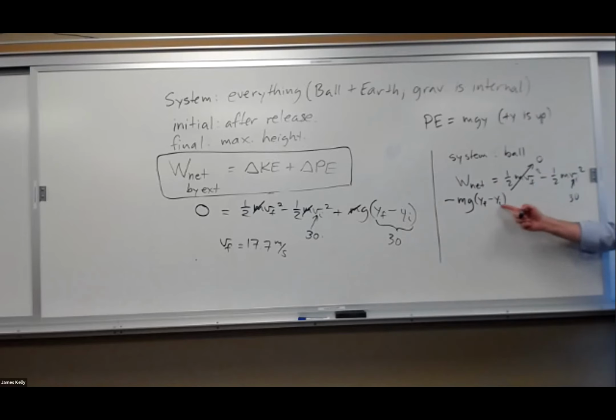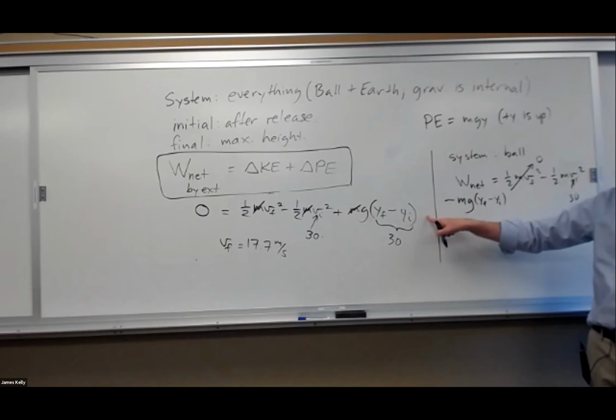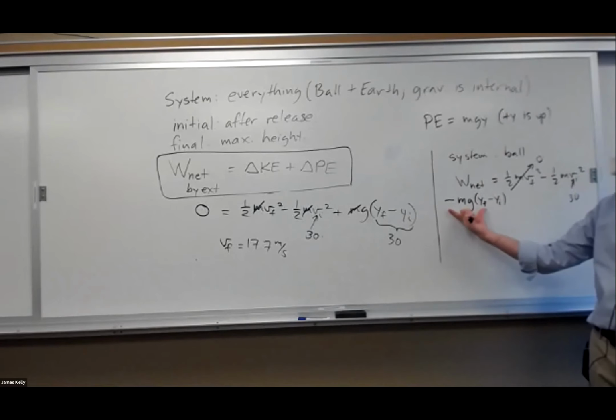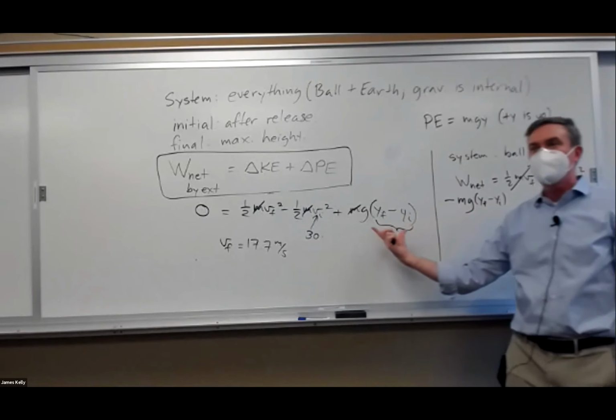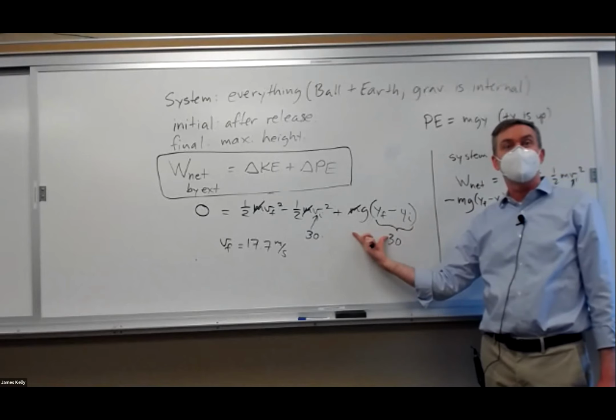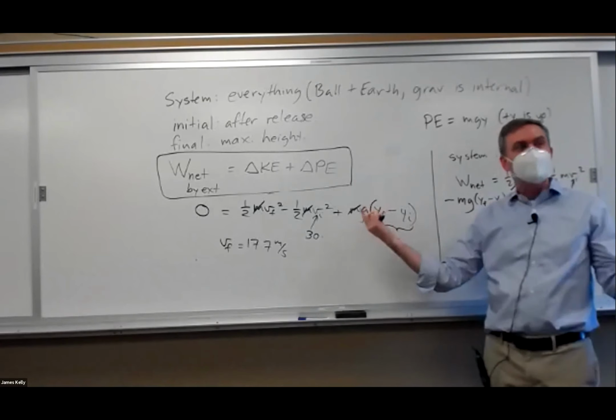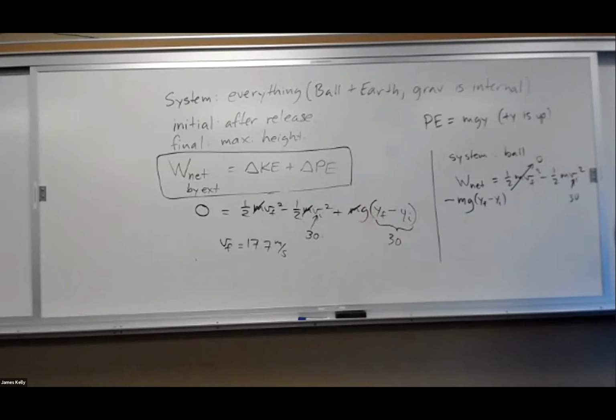Hey, that looks the same as the equation we wrote down before, except it's here with a minus sign on the left-hand side instead of being with a plus sign on the right-hand side. So we're writing down the same thing either way. It just feels very different when you define your system differently, but you see we're doing the same algebra here, or at least getting the equivalent equation in this case.